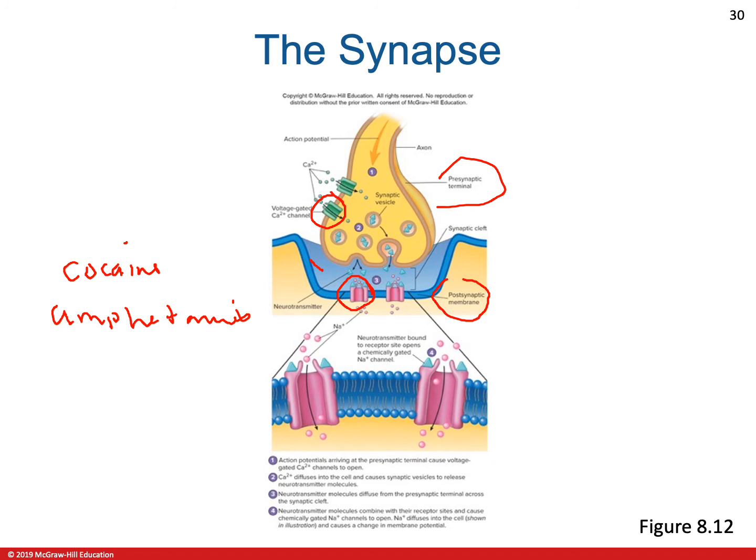Now, a drug that blocks serotonin reuptake, for example, because usually those unused serotonin should be returned back to the presynaptic terminal.